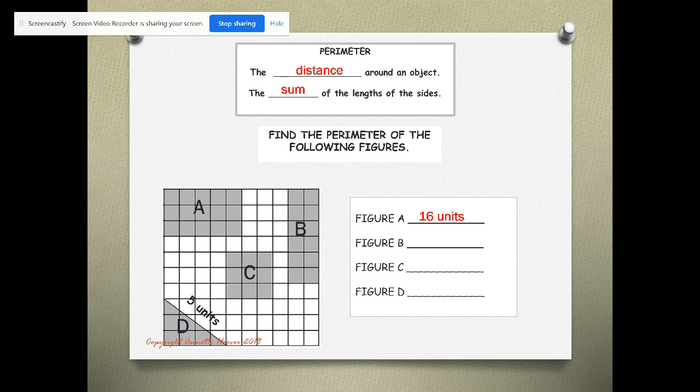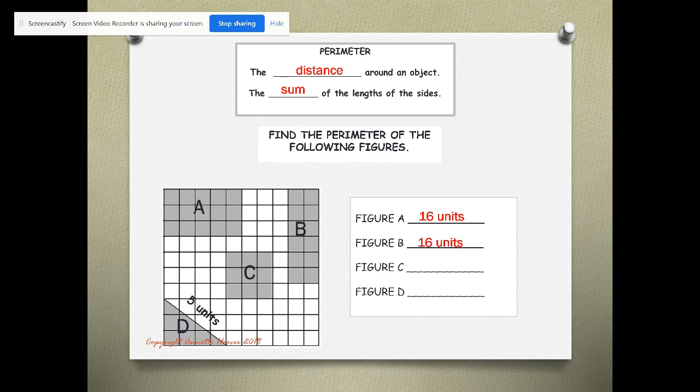That is one way to do it, and that gets 16 units. On figure B, if you look again, we've got the base, and it has 2 units on top, 2 on bottom. It has 1, 2, 3, 4, 5, 6 units on the side. And we would add 6 plus 2 plus 6 plus 2, and that would result in 16 units.